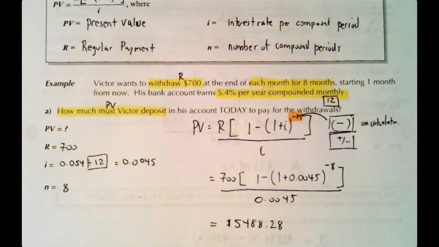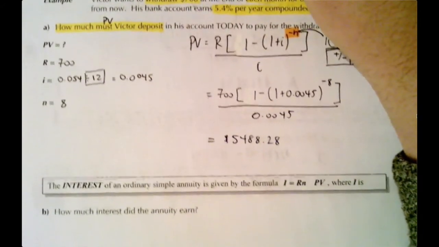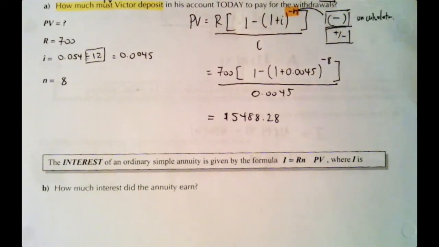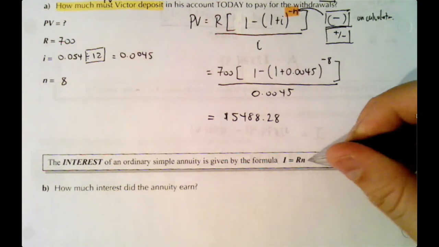All right. So as we calculated earlier, Victor, if he just paid himself $700 8 times, would be paying himself $5,600. But if we do some planning and take advantage of the interest rate of the bank, we don't have to deposit $5,600 in order to pay ourselves $700 every month for 8 months. We can deposit a little bit less than that, $5,488.28. How much less? Well, that's called the interest. So you might be interested to figure this out.